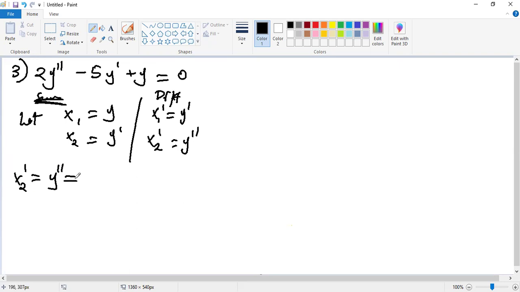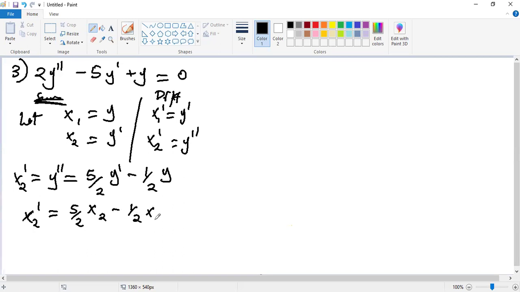Make y double prime the subject of the formula. We will take this to the other side and divide by 2. So we will have 5 over 2 y prime minus 1 over 2 y. We know what y prime is and we know what y is from this original equation here. So I can write this as x2 prime is equal to 5 over 2, y prime is x2, minus a half, y is x1.